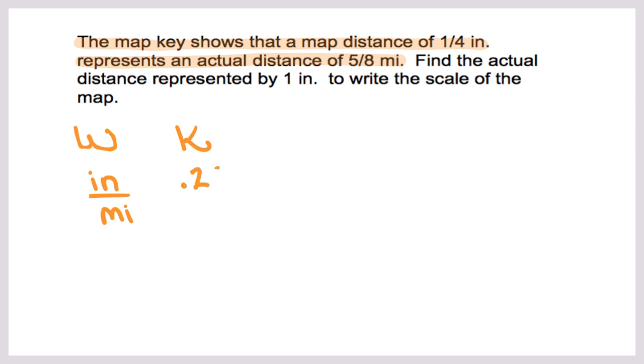So 0.25 inch to 0.625 miles. Now the unknown, what they're asking us to find. What's the third number we're going to need? 1 over X. The 1, and it's an inch, so it goes to the top, and you're looking for your miles.